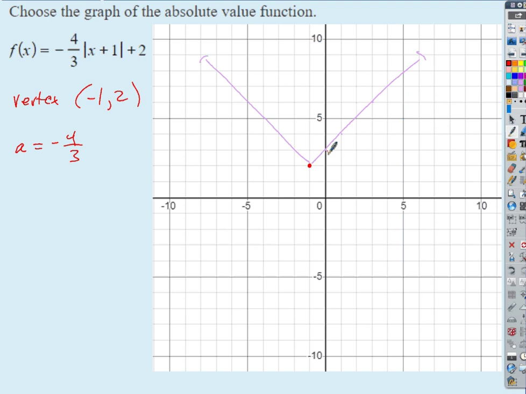3, right? So why don't we pick the point that goes over 3 and up 3. So if I multiply the vertical height from the vertex, 3, by negative 4/3, what's 3 times negative 4/3?